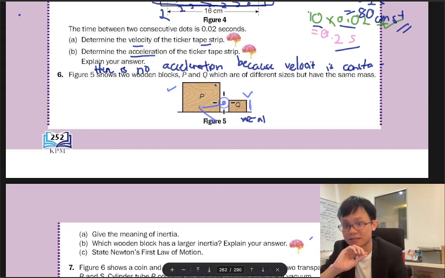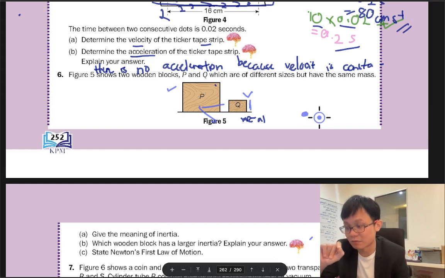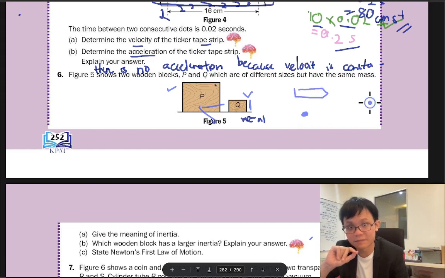Because of the small surface area, it will have higher pressure. So even though both are the same, Q has a higher pressure, so blocking Q is more painful, because Q has the same inertia, same speed, and because it's smaller. That's why you see the bullet is very small, and in front the bullet is very sharp, so it's a very small surface.